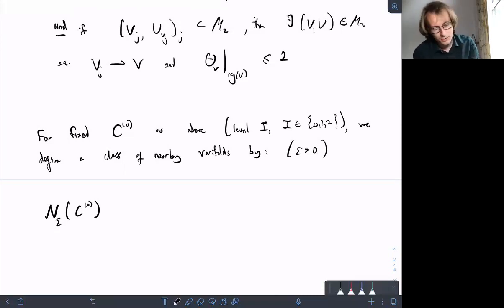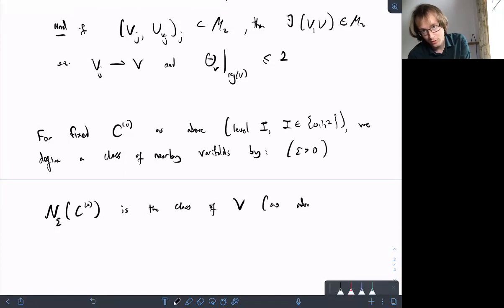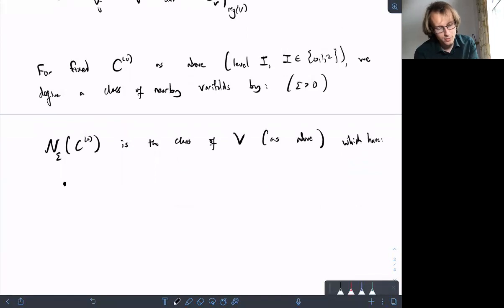This is the class of V as above: codimension 1, stable and no triple junction singularities, which have a mass control.